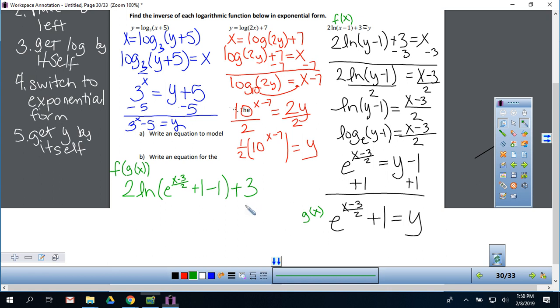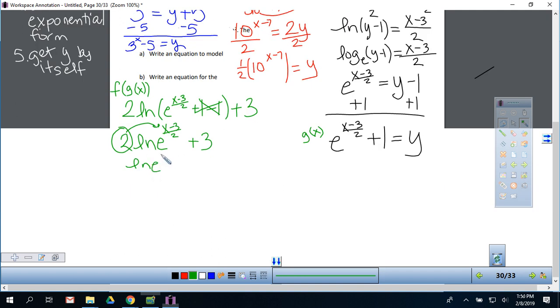I'm checking it to make sure that if it's a composite, I should just have x left. Alright, what happens to my 1? They cancel. So now we have 2 natural log of e to the (x minus 3) over 2, plus 3. Using the power rule, I can put this into my exponent, so then we have natural log of e to the (x minus 3) over 2 times 2, plus 3.